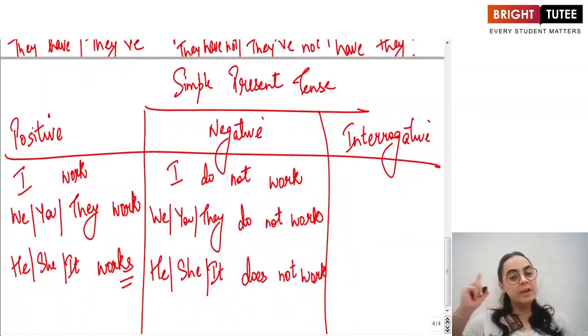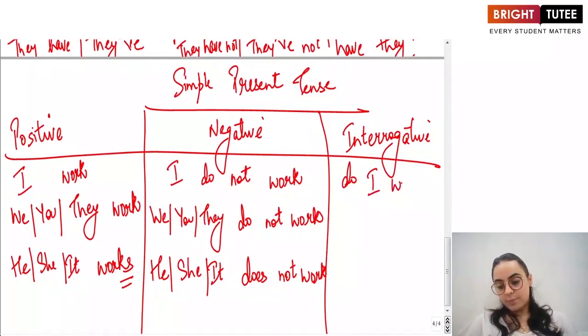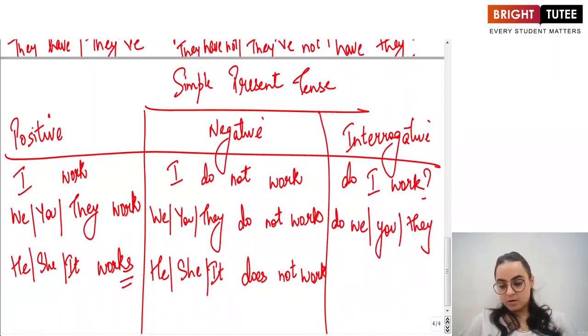Alright, moving on to interrogative. Do I work? Do we or do you or do they work? And does he, does she, does it work?